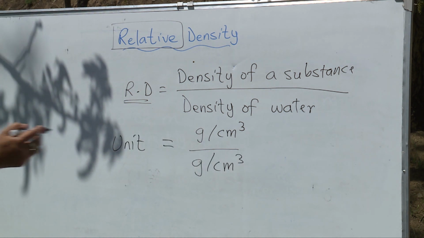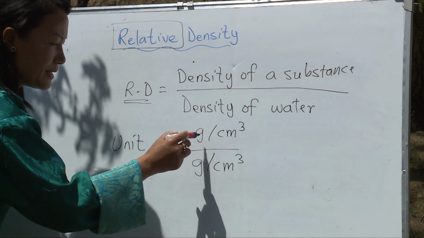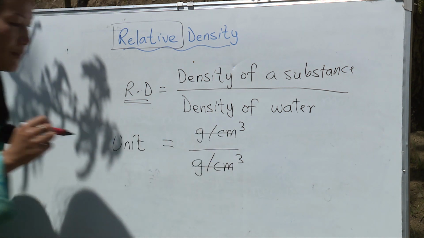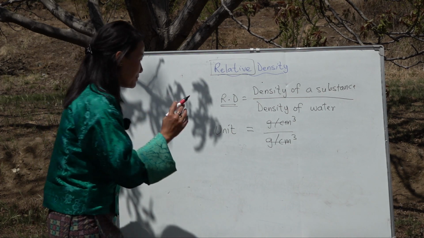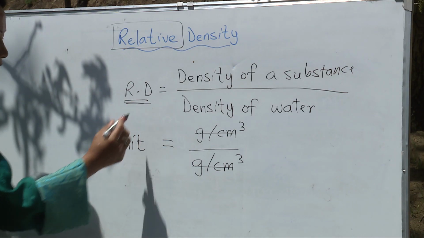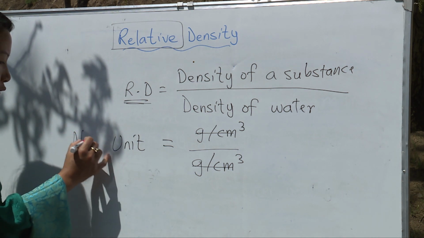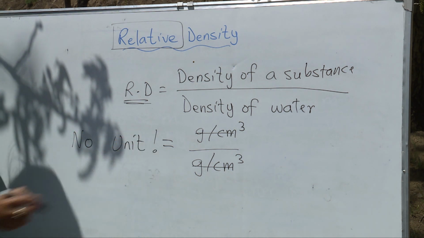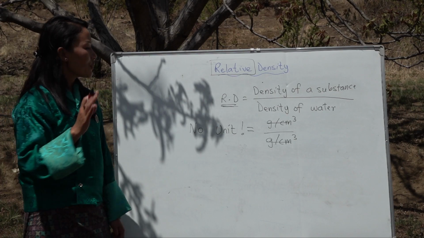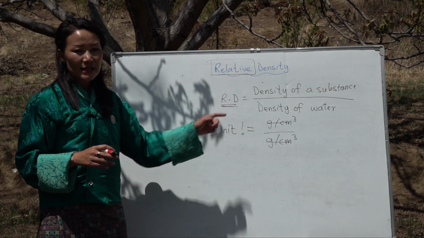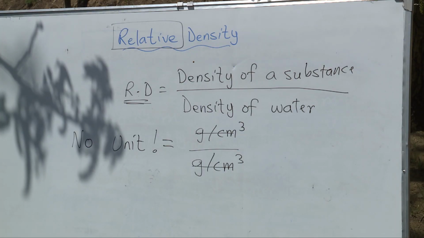So what you notice is that gram per cubic centimeter and gram per cubic centimeter can be cancelled, which means that relative density has no unit. There's no unit for relative density, which means relative density is just the ratio.